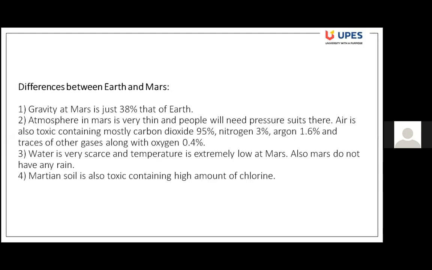Also, the air is highly toxic, consisting mostly of carbon dioxide, about 95%, and oxygen is very scarce, less than 0.4% of the total atmosphere. Additionally, 3% nitrogen and 1.6% argon are also present in the Martian atmosphere.